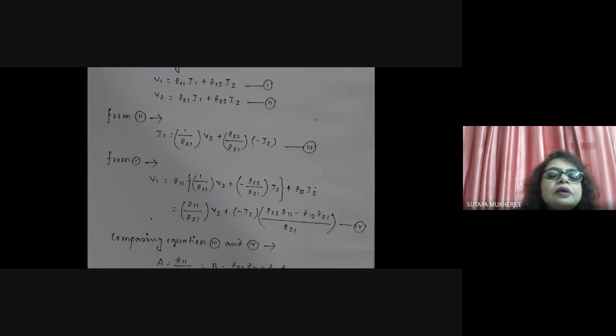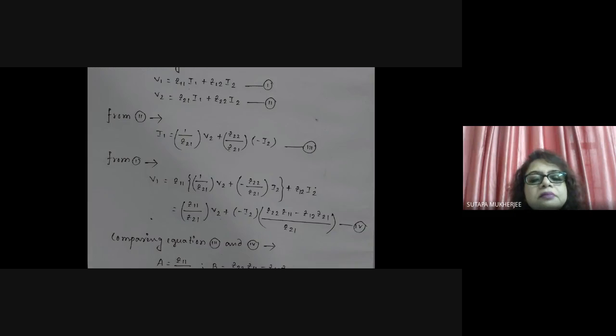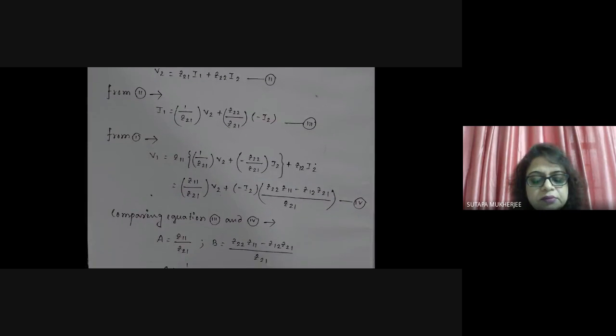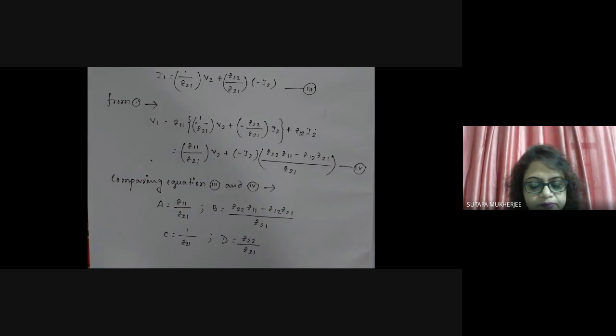Yes, I1 equal to this. So this is equivalent to what? This is CV2 plus D of minus I2, right? So if you compare, C equal to 1 by Z21, and the D value is Z22 by Z21.